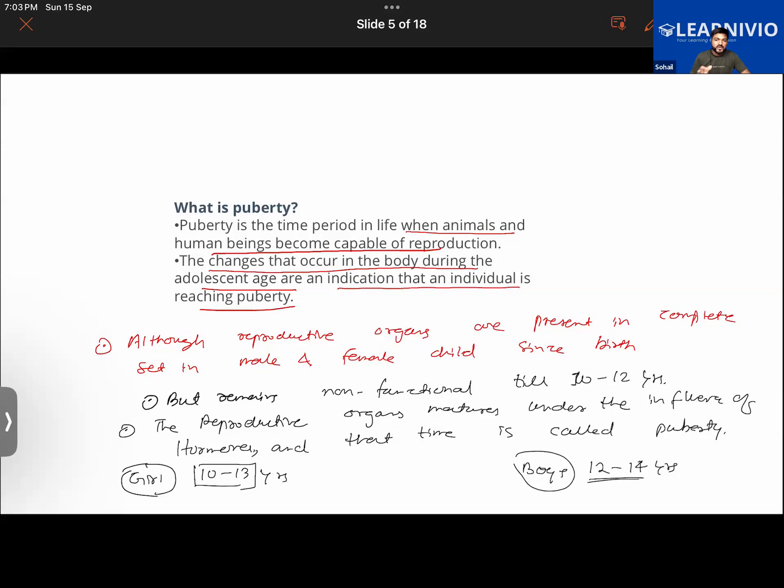But the most significant sign of puberty in girls is the beginning of menstruation, or the monthly periods.